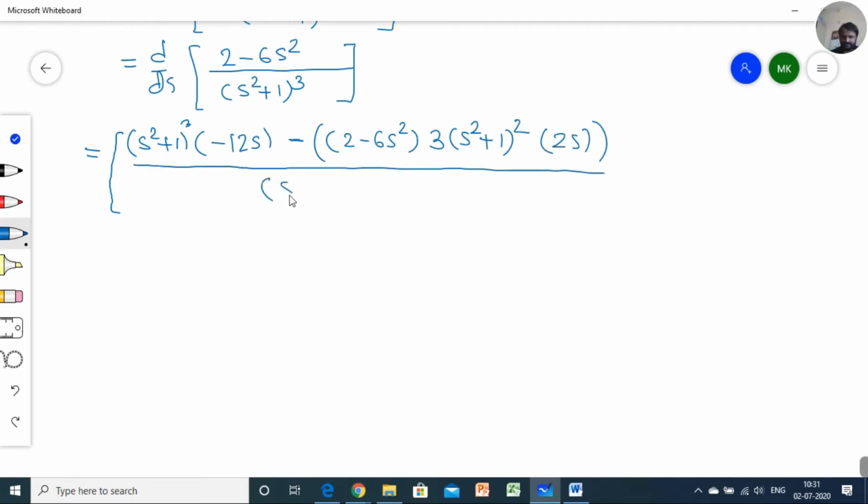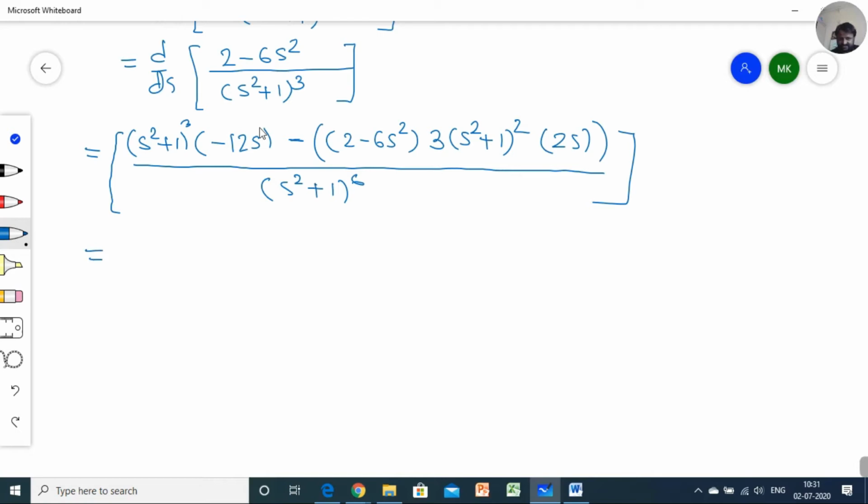So s square plus 1 raised to power 9? That is the square of this part, 3 times 2, so it becomes 6. So the power must be 6. Please remember these things we applied, that is v square.